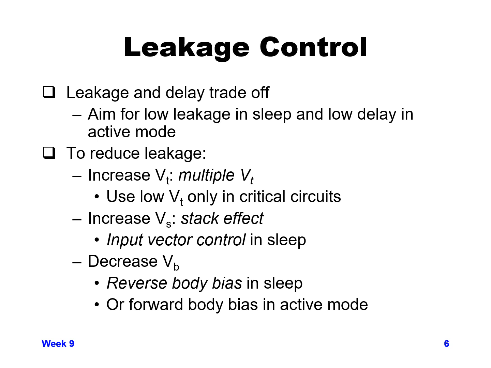So doing a reverse body bias voltage increases your threshold voltage, which decreases your leakage. Or you could try to forward bias your body when you're in active mode in order to reduce your threshold.